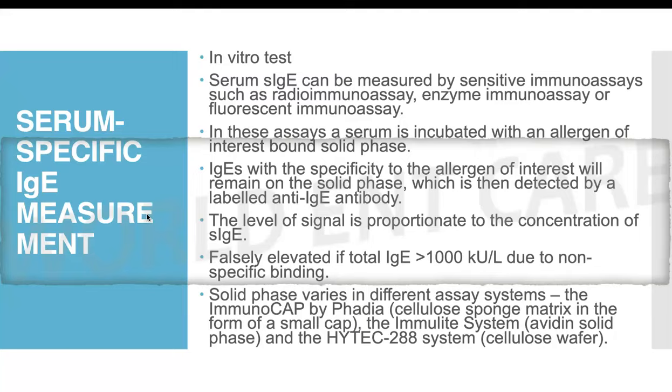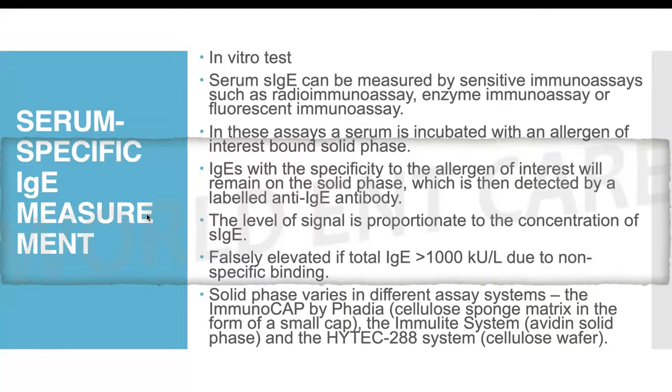The level of signal produced is proportionate to the concentration of serum IgE. Serum IgE can be falsely elevated when the total IgE is more than 1000 kilounit per liter due to non-specific binding.